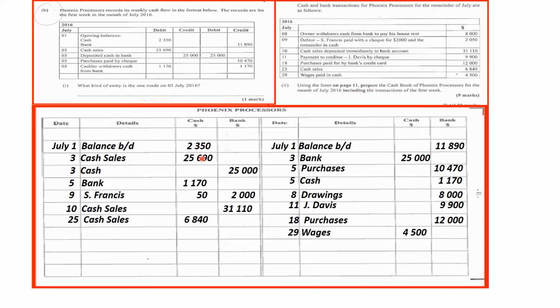So we begin with the cash column. We add up the cash debit side and we get 36,100, and we add up the cash credit side and we get 36,100. Then we minus the 4,500 and the 25,000 from it, and we get 6,600. That is our balance carried down on the 31st of July. We move to the bank column.